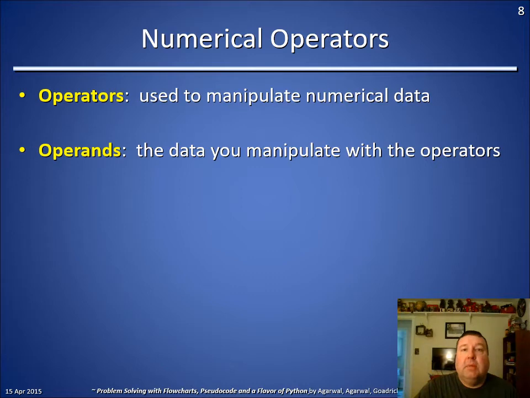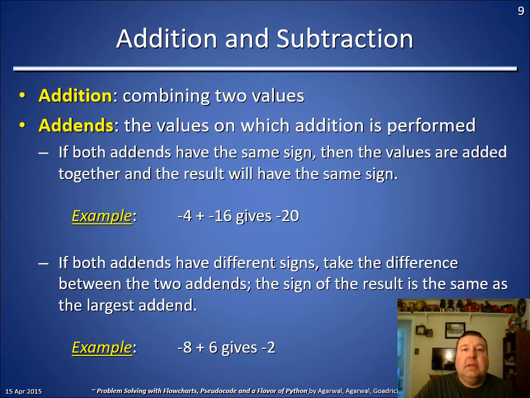Okay, for numerical operators, you have operators, which are used to manipulate the data, which again we'll go over, and operands, which are the data that you manipulate with the operators. We have our basic addition and subtraction, which you know about. Addition is combining two values together. Addends are the values on which the addition is being performed.